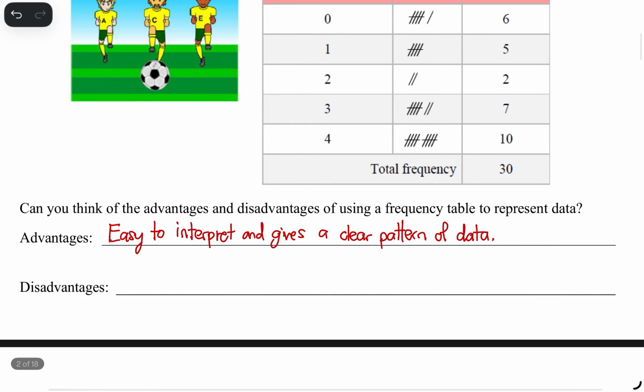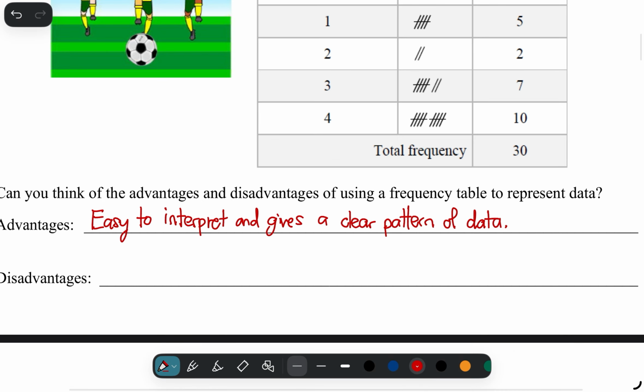You will understand this disadvantage by looking at example 3 later, but for now you can just write: for grouped data, actual value is lost. It might be hard to visualize, so don't worry, we'll look at example 3 to understand what this disadvantage means.